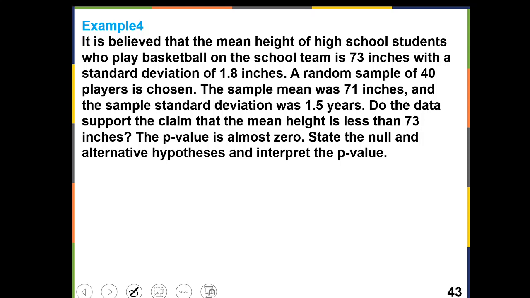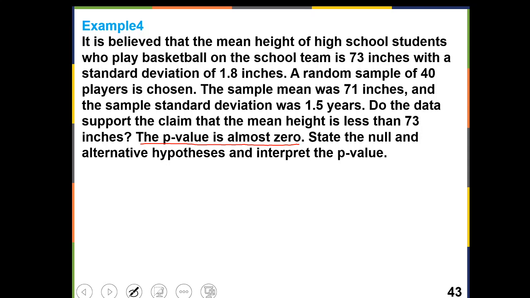Do the data support the claim that the mean height is less than 73 inches? The p-value is almost 0, so we don't have to compute it because it is given. Since the p-value is almost 0, we reject, because the probability to get a number that big from the sample is almost 0.